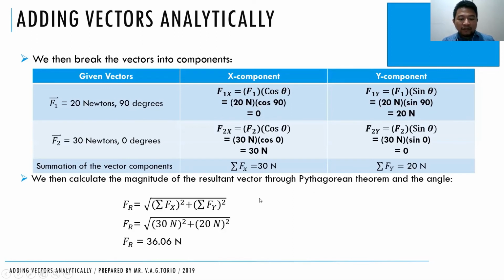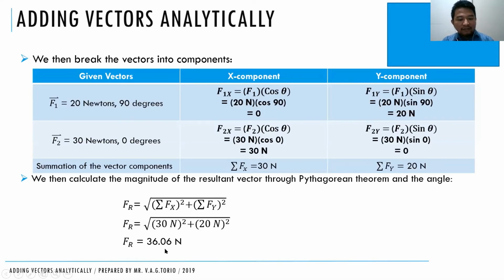Following the Pythagorean theorem, we can substitute the values of the x and y components into the equation, which was initially introduced as part of the recall of the basics. We substitute 30 newtons for the x component of our resultant force and 20 newtons for the y component, and get 36.06 newtons.